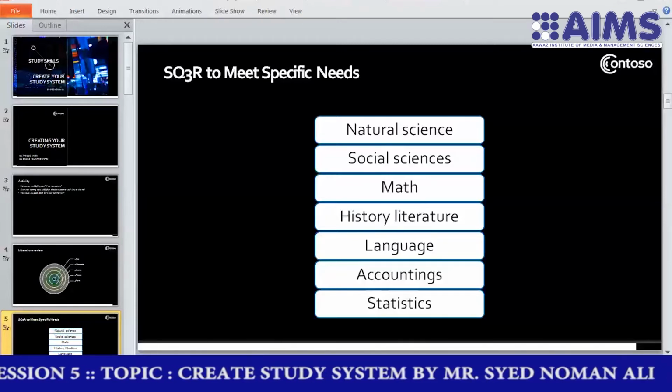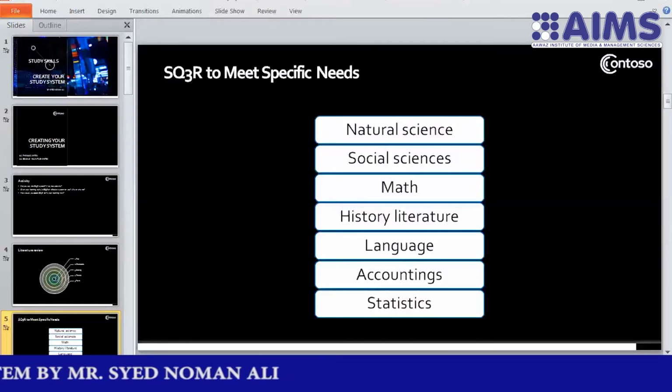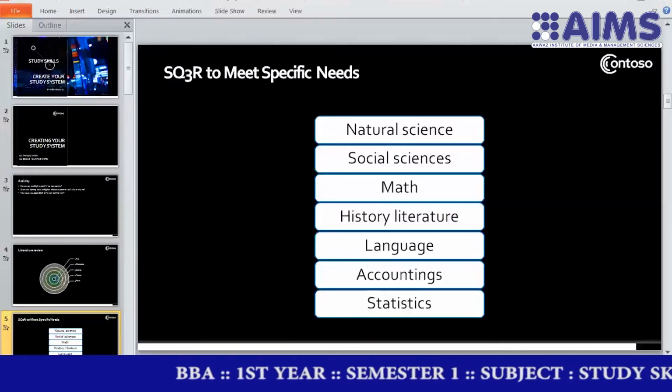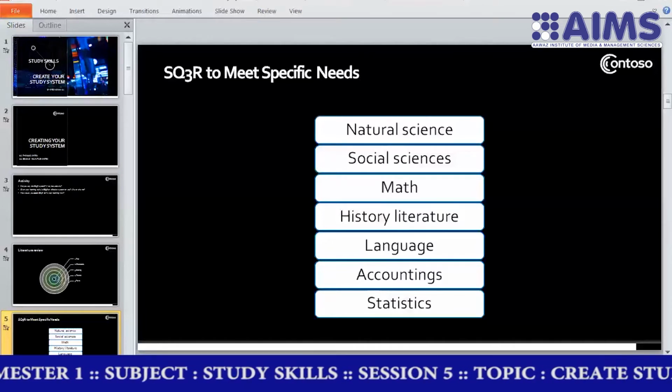Accounting has a presentation, and the formulas are there. Statistics also deals with numbers and numerics. So these are different approaches when you want to study, and for these subjects we create a study system that is very helpful.